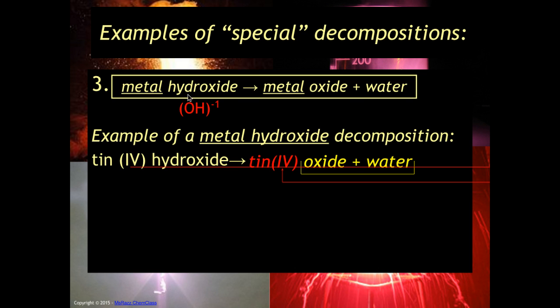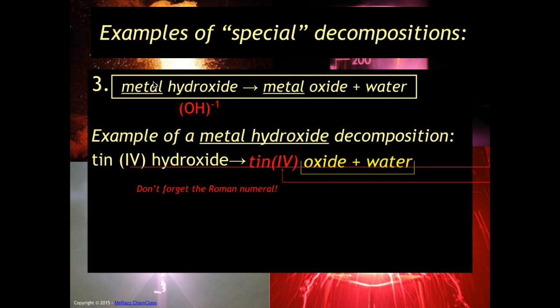So here's hydroxide, it's OH minus 1. Tin hydroxide decomposed to tin oxide plus water. So whenever a metal hydroxide decomposes, you're going to be left with oxide and water.